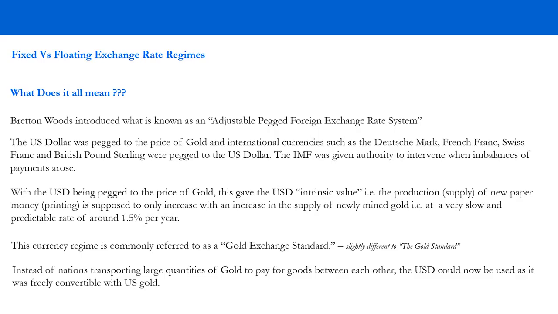This basically takes the responsibility of money printing out of the hands of central authorities. So if a 1.5% increase in the supply of gold occurs 1 year, then the amount of notes in circulation, the amount of money, can increase by the same amount. And this currency regime is commonly referred to as a gold exchange standard.